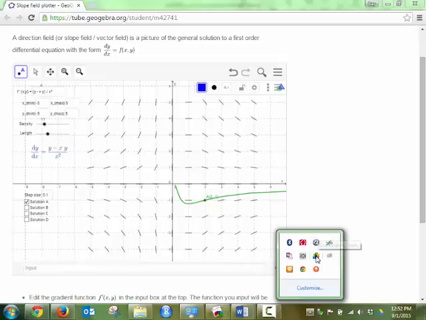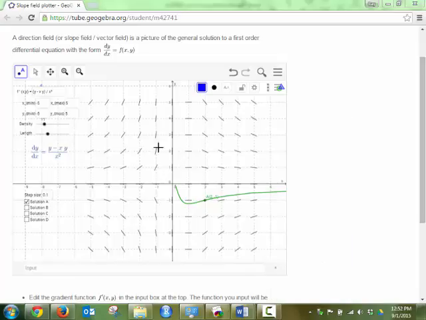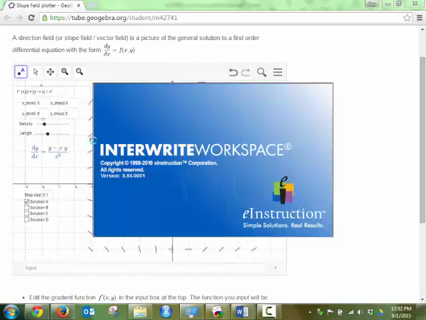This particular program allows us to pick points just by clicking on the slope field. Sorry, I'm booting up my program here.